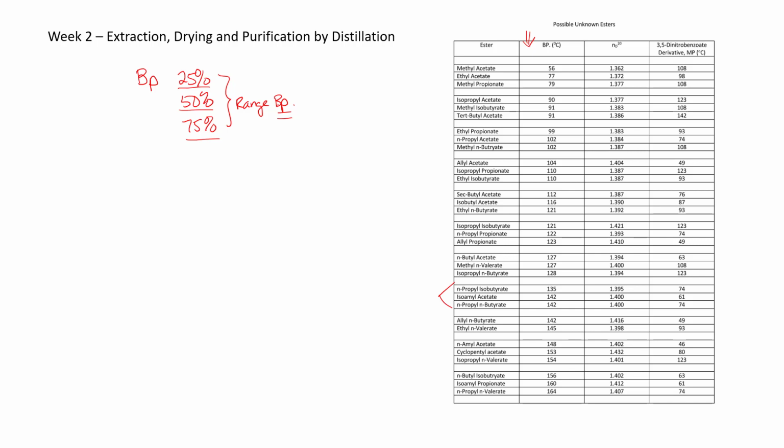So let's say I would have measured a boiling point between something like 132 and 144 degrees. What I would do then is I would probably use a range of plus or minus about 5 degrees from each end, so plus or minus 5 on the 132 and plus or minus 5 on the 144. So basically I would be looking at something in the neighborhood of this range of potential unknowns. Okay, so that kind of narrows it down a little bit in terms of what my unknowns would be.